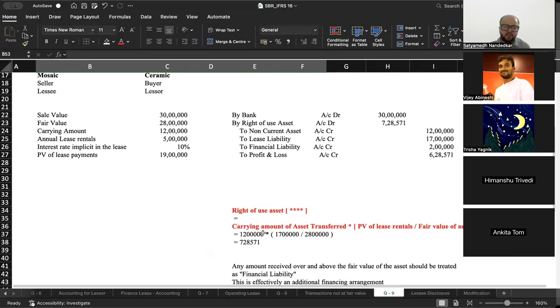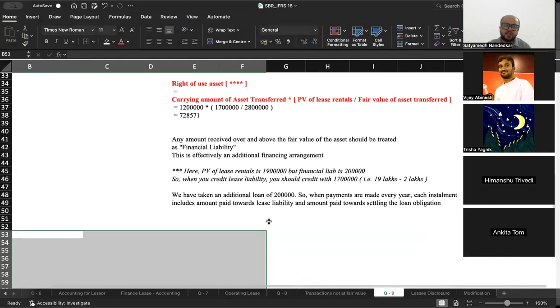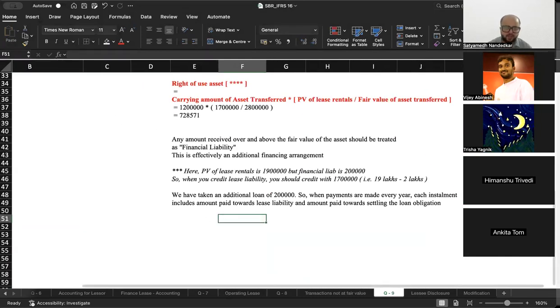Look at the original entry, and then of course I'll make you read the rest of the part. First look at the bottom part, and then look at the entry.